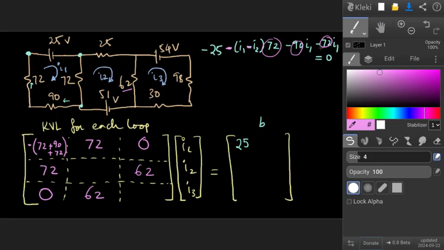These are all the resistances in the first loop. Can you now see what is there here? It will be minus of 72, 25, 62, and this one, 62, 98, and 30.